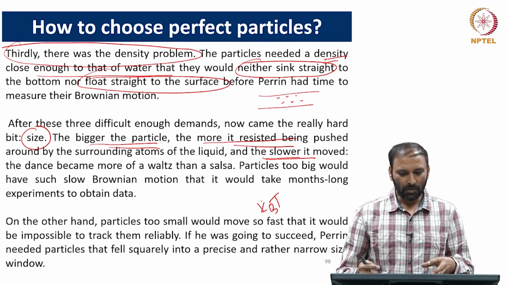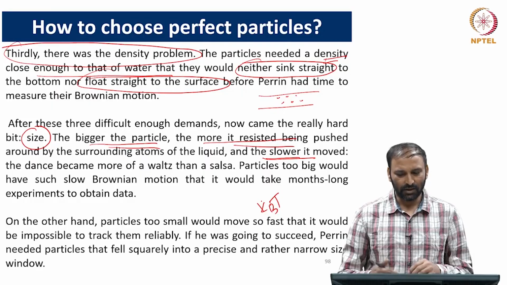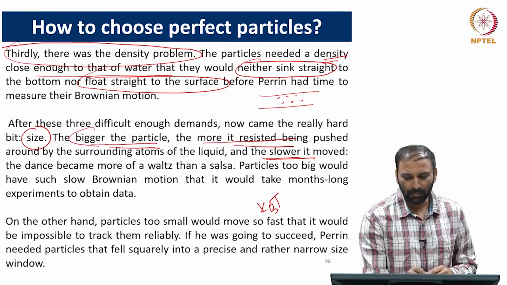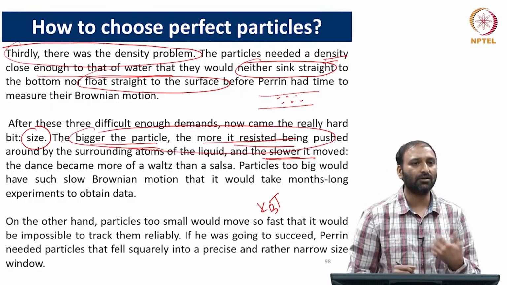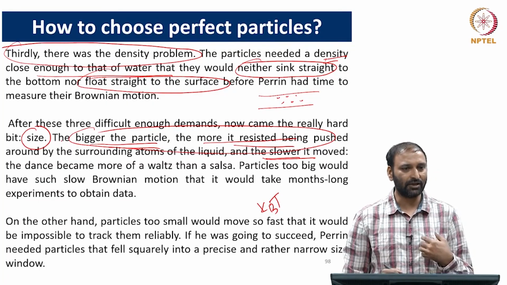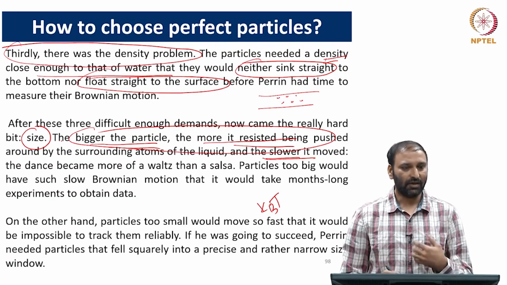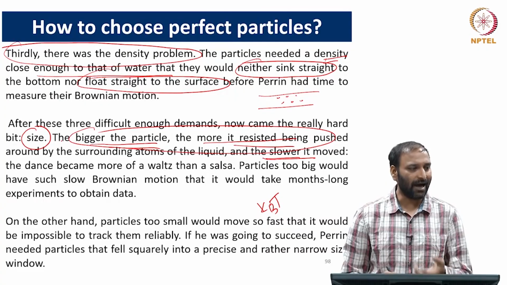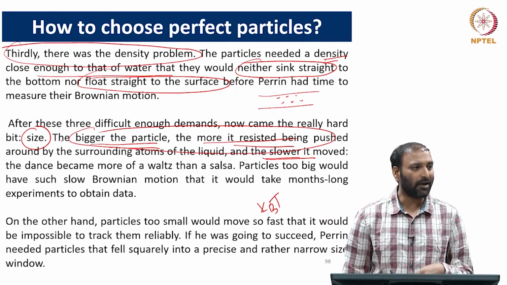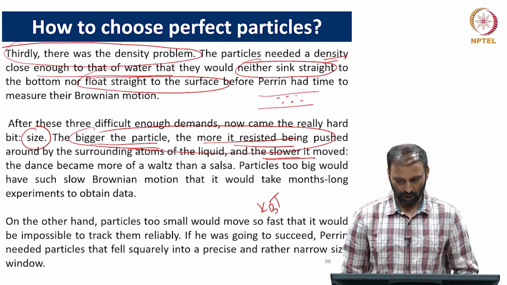Therefore, the particles would have to be small enough. If the particles are bigger, they resist the motion, okay. They do not move because the energy that the molecules have is not big enough to move the particles around, okay.